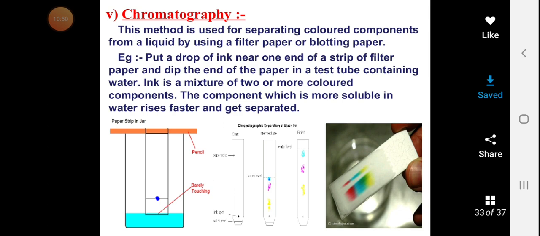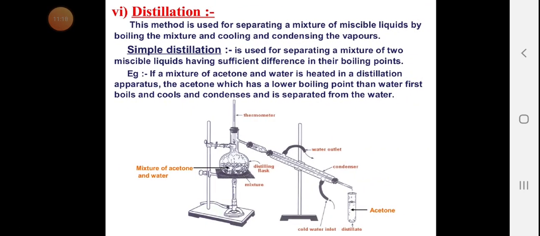The components which are more soluble in water rise faster and get separated first, and the ones which are less soluble stay behind. This way we can separate two or more substances from a solution using chromatography.